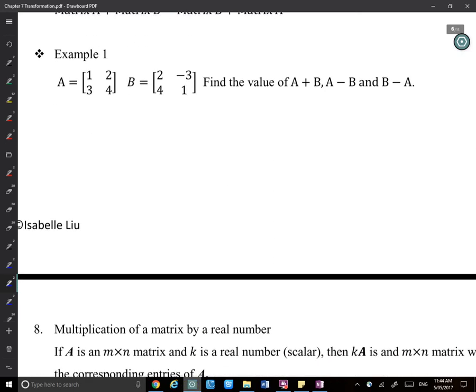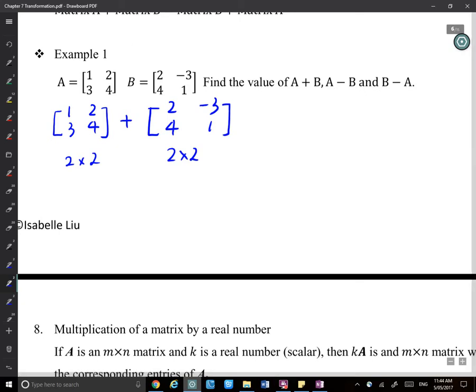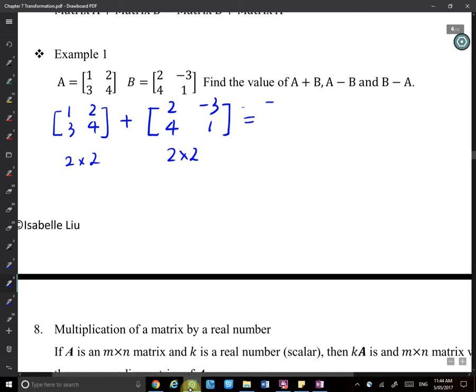Say A plus B. If you want to find A plus B, let's write it clearly. First of all, that is a 2 times 2 matrix, and that is a 2 times 2 matrix. They have the same dimension, so I can add or subtract them. I can add row 1, column 1 together, which is 1 plus 2. Row 1, column 2, which is 3 plus 4. Row 2, column 1, which is 2 plus -3.